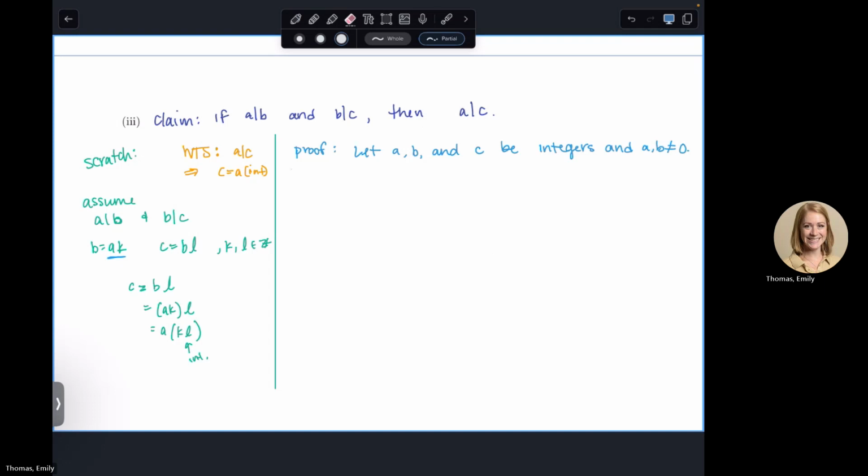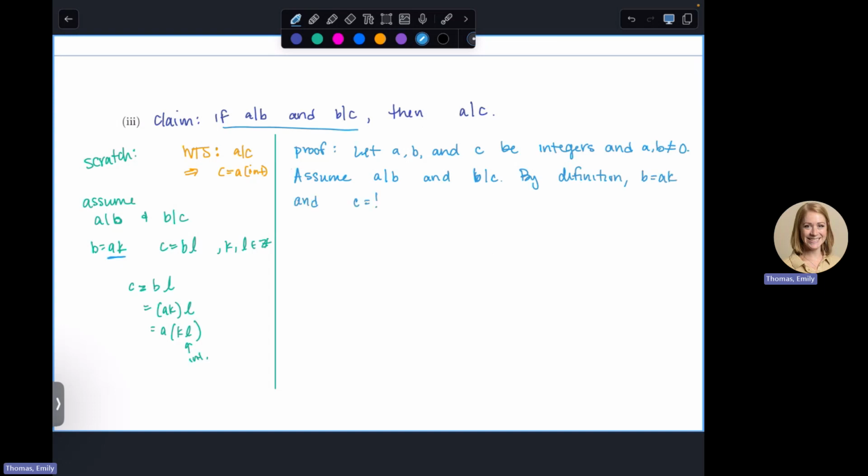Can't do that yet. Okay, what do we get to assume, Charlotte? A divides B and B divides C. That's the P part of what we're trying to prove, right? Assume A divides B and B divides C. Then by definition, B equals A times K and C equals B times L for some integers K and L.